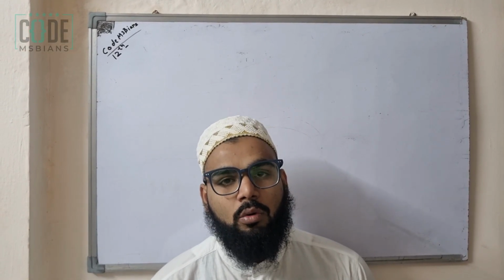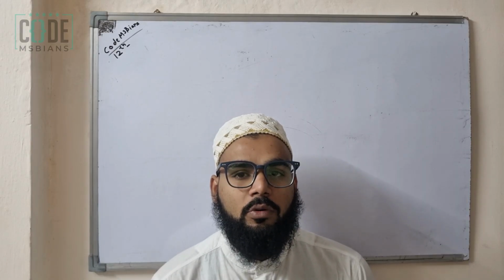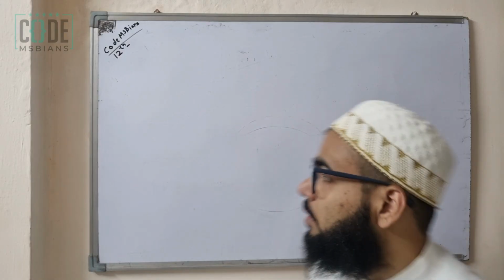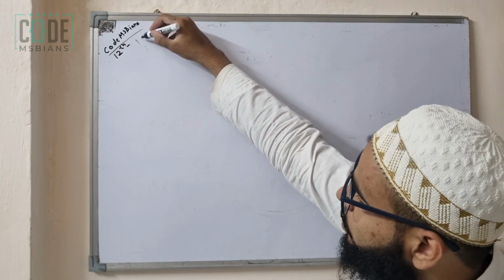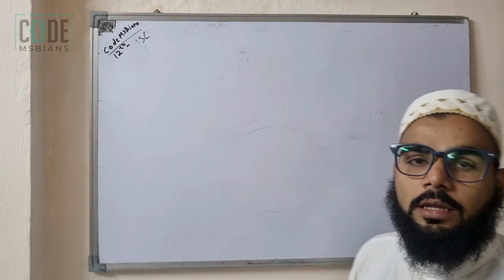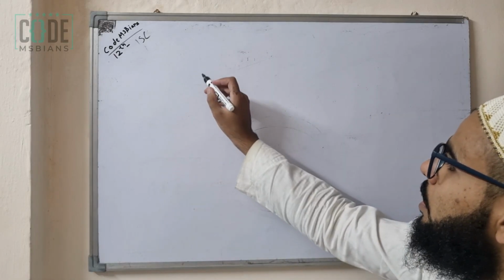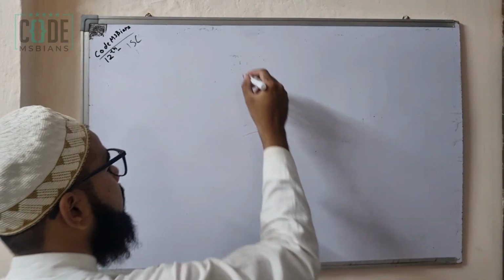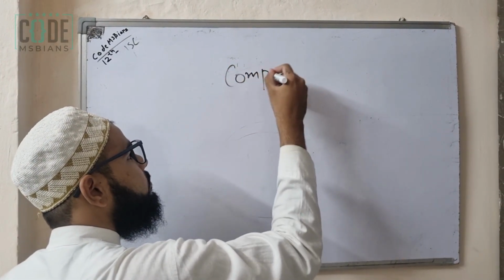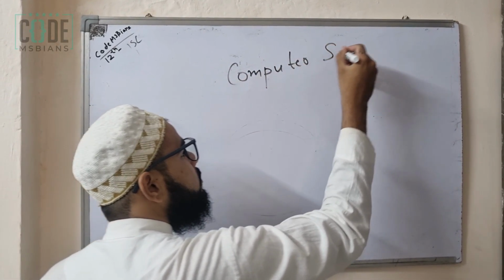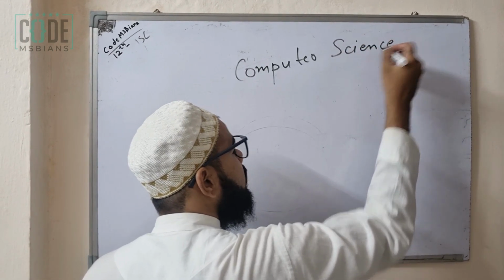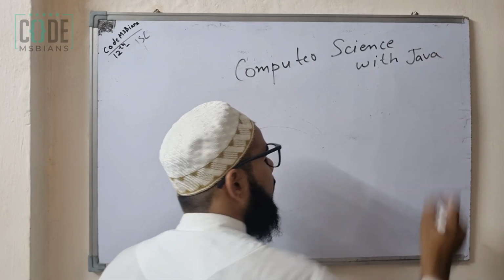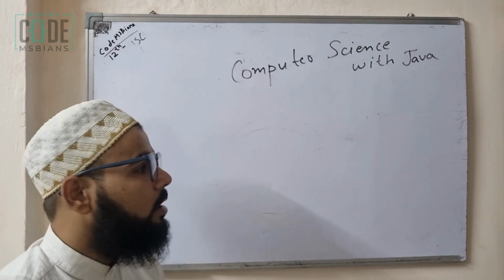So this is a course, the playlist we are making for the entire curriculum for your subject, which is computer science. Now, this is ISC class 12, and the book that I am following is Computer Science with Java, and the name of the author that I am following is Sumita Arora.